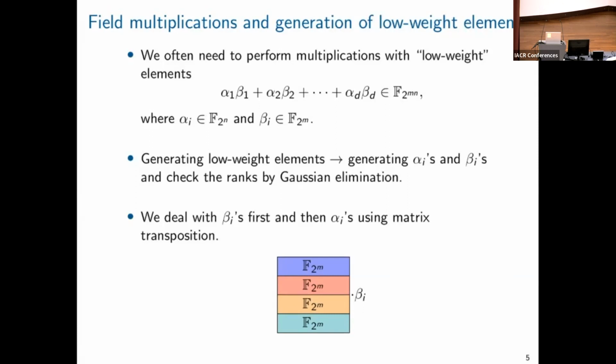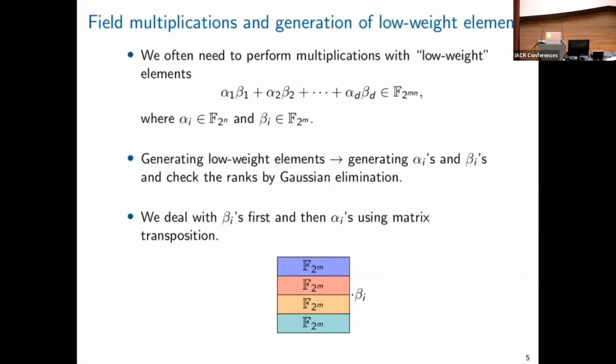So for example, when you want to multiply a generic field element with some low-weight element, what we do is represent the generic element as a list of F_{2^m} elements. And then you can multiply the generic field element by all these beta_i's very easily.